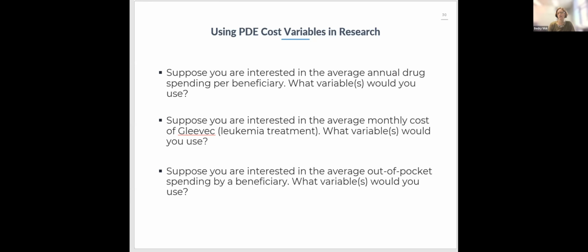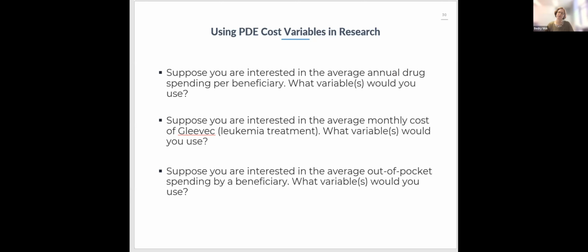What if you're interested in looking at the average monthly cost of a particular drug? Again, you would take the gross drug cost variable, divide it by the days supply, and multiply that number by 30 to get an average monthly cost for that drug.